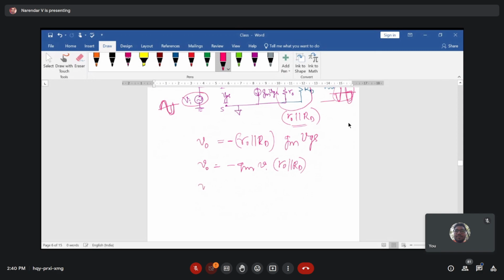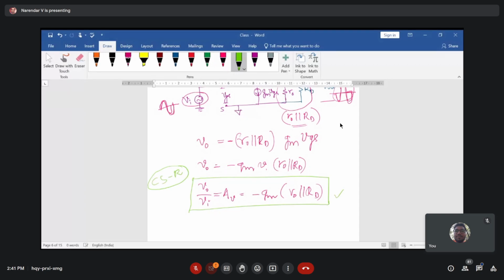Now if you take V0 by Vinput, which is the gain of this circuitry, it is minus gm times R0 parallel with RD, the resistor that you have connected. So this is the gain of an amplifier with a resistive load connected to a common source, a common source resistive load single stage amplifier.